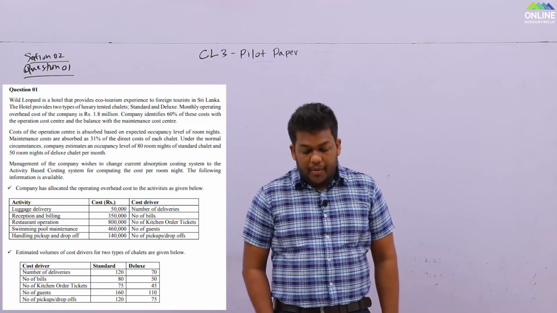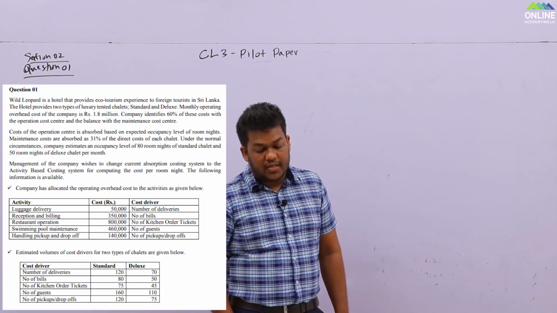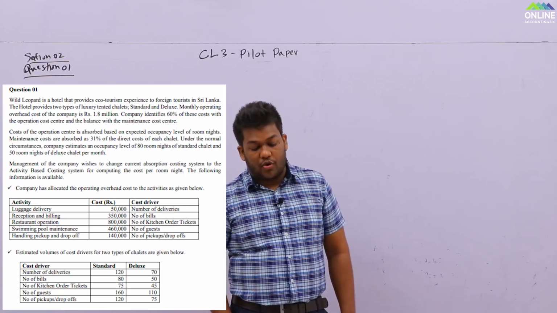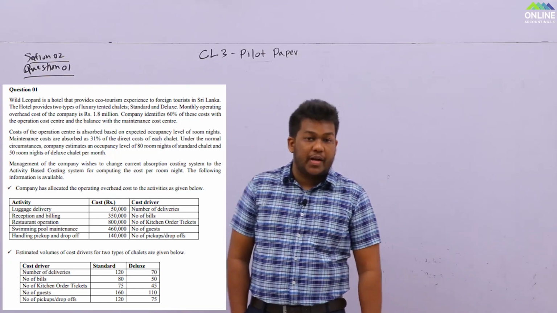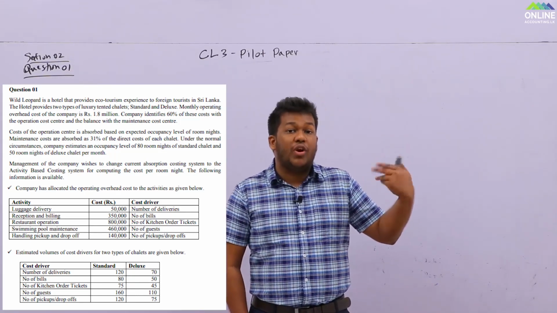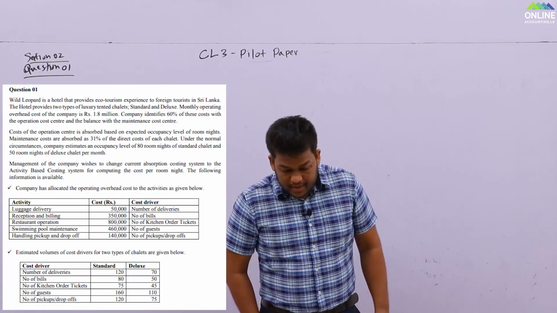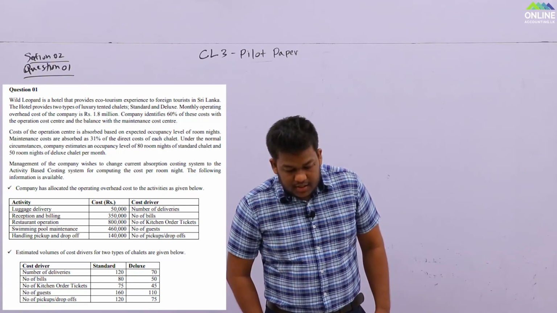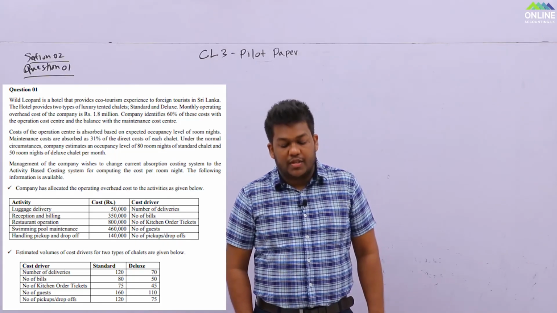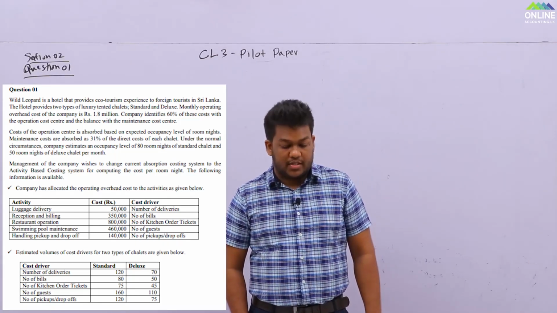The cost of the operation center is absorbed based on the expected occupancy level of room nights. Maintenance costs are absorbed as 31% of the direct cost of each chalet. So what is happening? They are charging in 2 different ways for the rooms. Under normal circumstances, the company can estimate an occupancy level of 80 room nights for standard and 50 for deluxe.